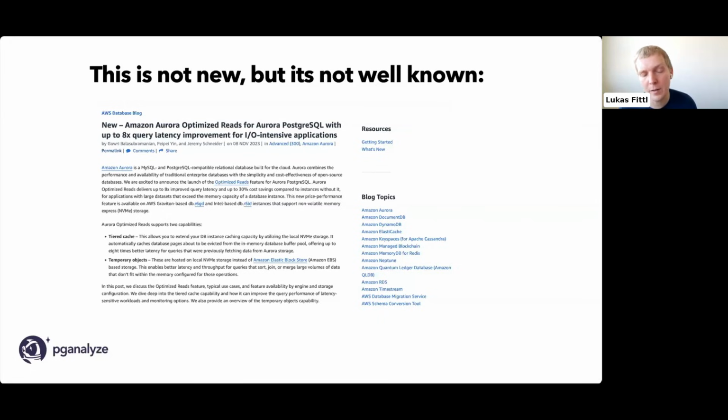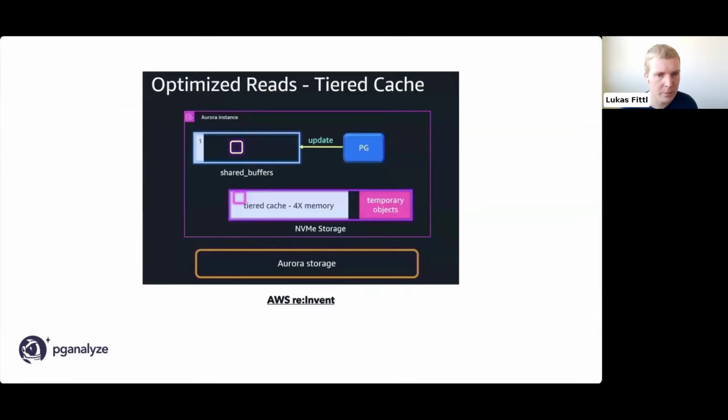But I feel like tiered caching is actually something that can change the performance of your application drastically. So the way that this tiered caching mechanism works, again, only if you do optimized reads, is that you have regular Aurora, with the shared buffers, and then you have the Aurora storage.